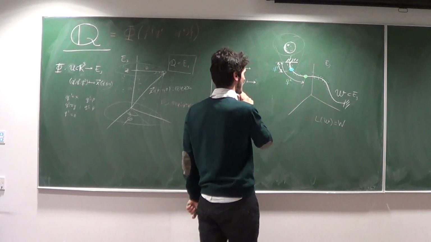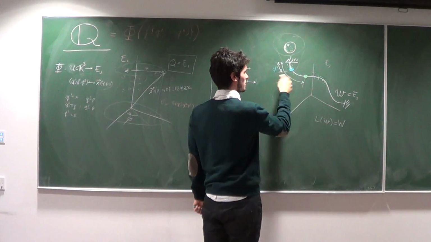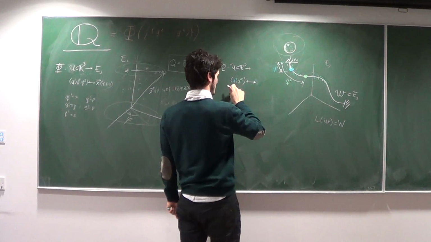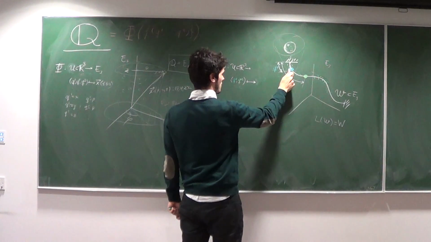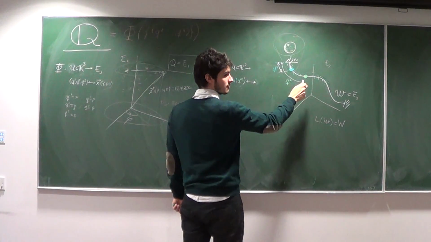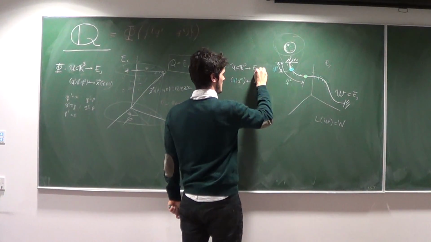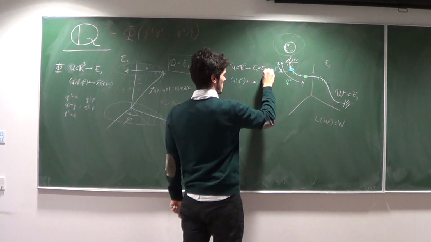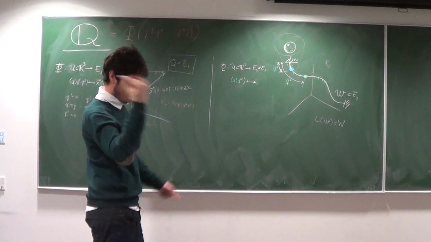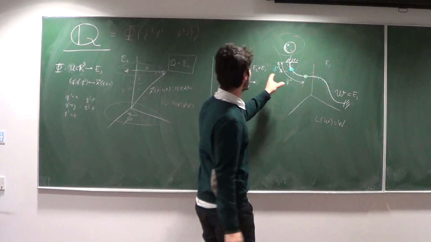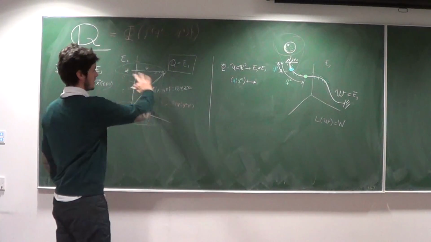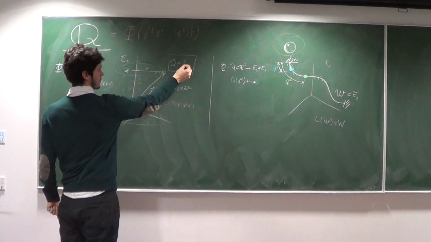But together they're not mapped into one single point, because this gets mapped to one point of E3, and this gets mapped to another point of E3. So together, these get mapped into, in general, two possible positions of E3, because we have two particles.